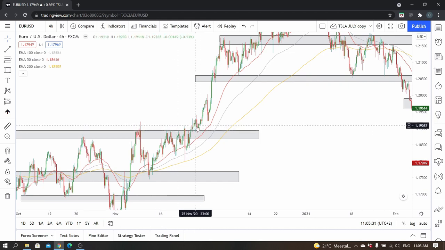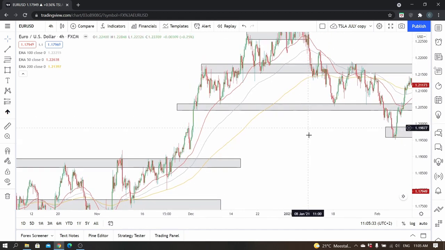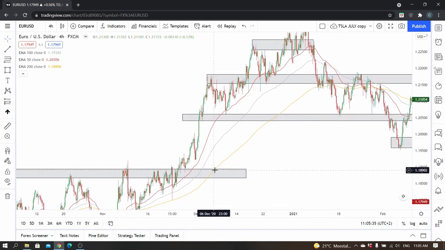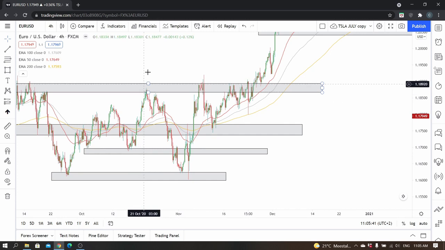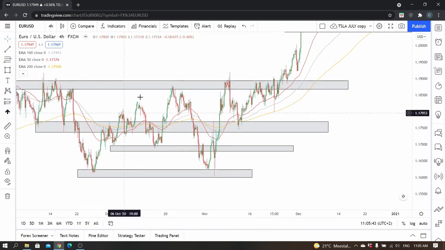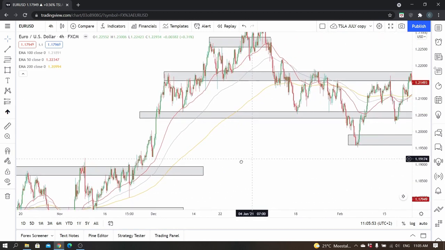Then you can see that it breaks, and together with the EMAs you can determine that the market structure is uptrending. And as I said earlier, with the price bouncing between two of those key levels and the EMAs crossing all the time, moving sideways, you can determine that the market structure is consolidating or ranging.